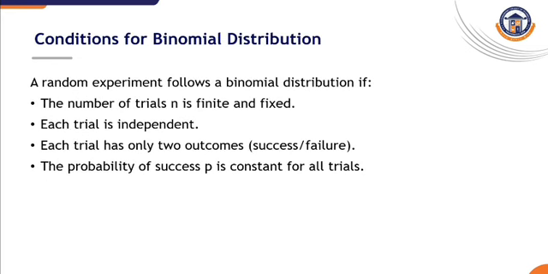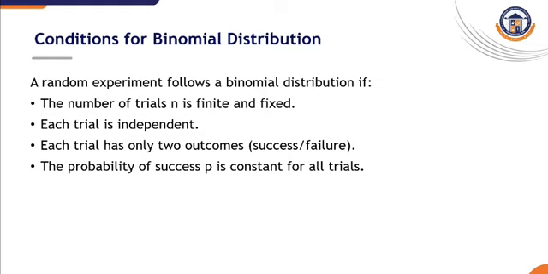The conditions of this binomial distribution: a random experiment follows a binomial distribution if the number of trials n is a finite and fixed value only. This is the main condition. Next condition: each trial is independent, not dependent.